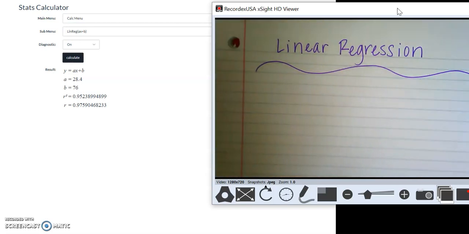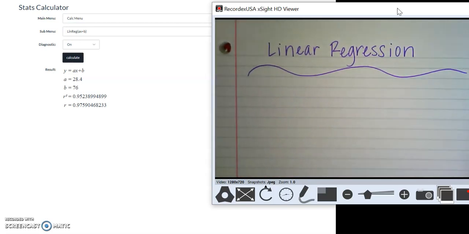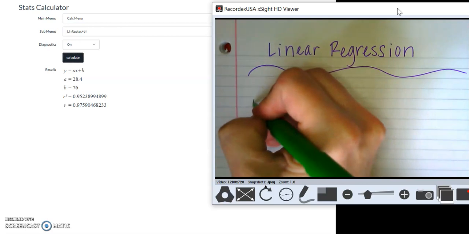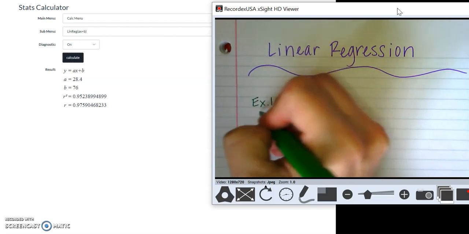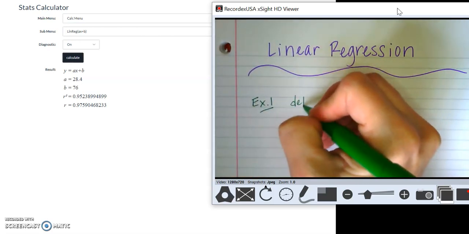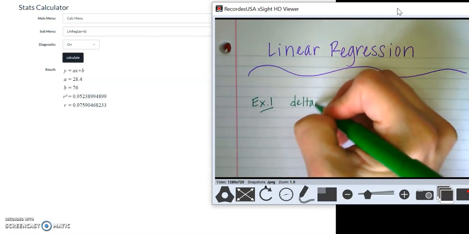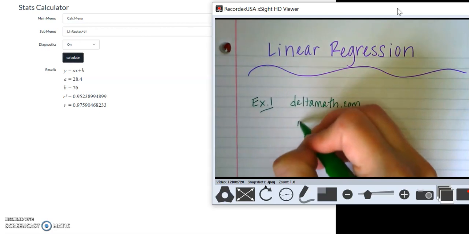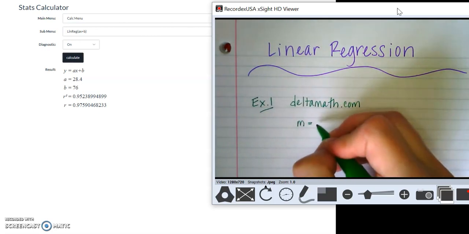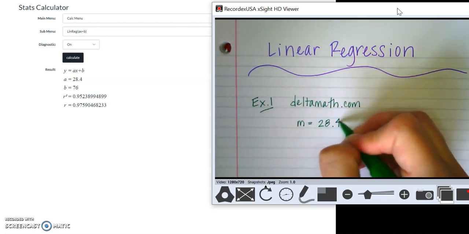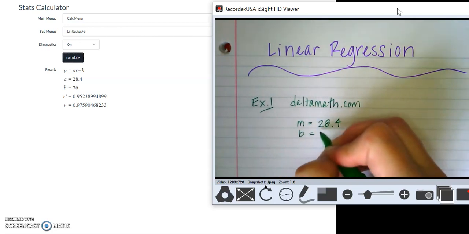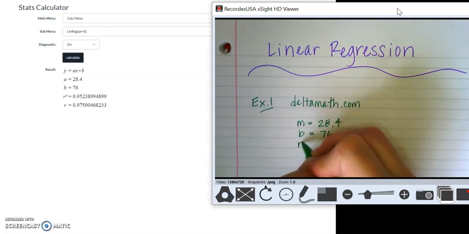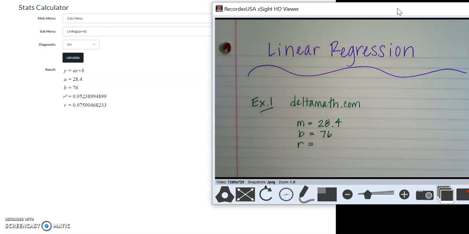The problem with this is I don't have a way to get the question on here. So I'm just going to label this as example 1, and remind myself that this is from DeltaMath. Okay, so the m is 28.4. The b value is 76. Now, we're not going to do the R squared, that's something different.